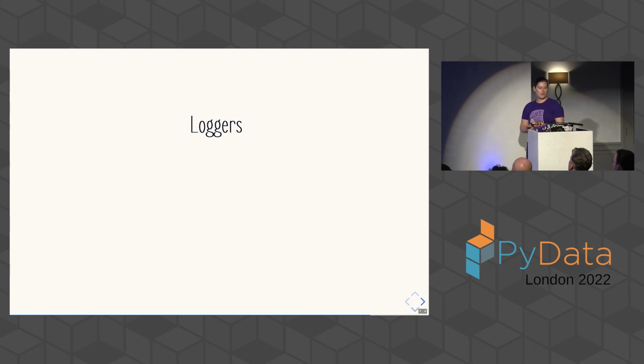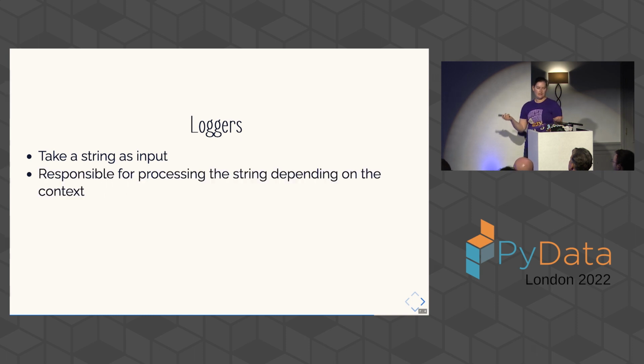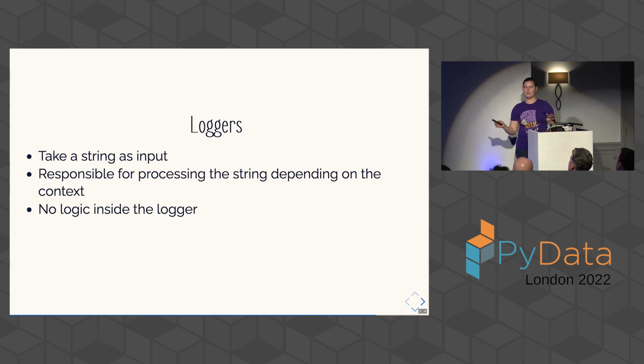A logger is basically something which takes as input a string, and it's responsible for doing something with the string. So it might display it in debug mode and not display it in a production environment and so on. The logger is from the standard library, so it knows nothing about your own application code.